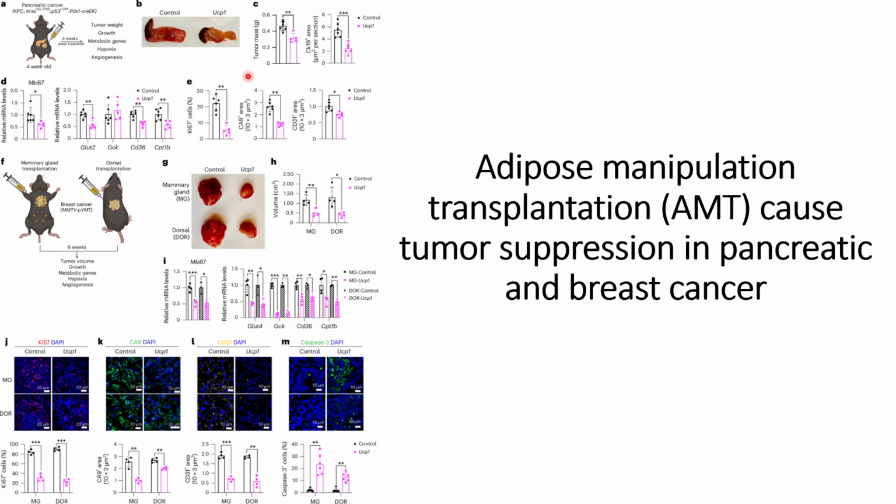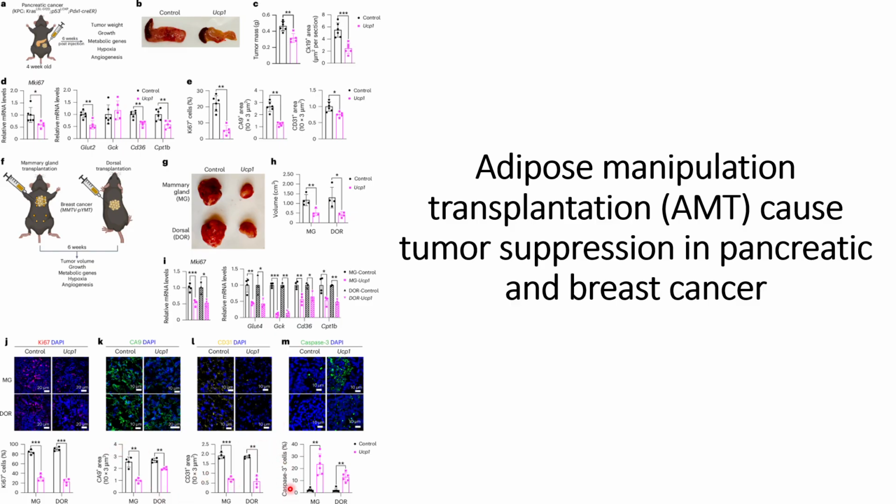For pancreatic cancer also, the apoptotic factors go up, that is caspase 3 goes up, and those results are in the supplemental figures. The quantifications of these immunofluorescence images in panels J, K, L, and M are at the bottom of their respective immunofluorescence images. For mammary gland and dorsal transplantations, we can see that Ki67 is statistically lower, and similarly the CA9 positive and CD31 positive signals are also lower.